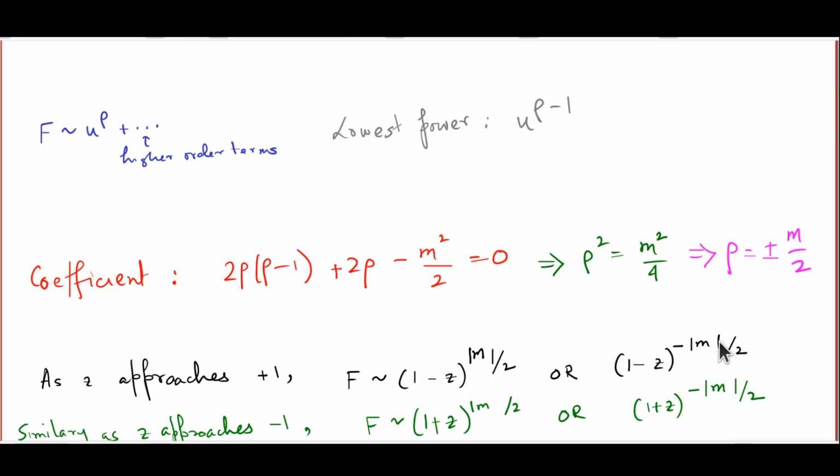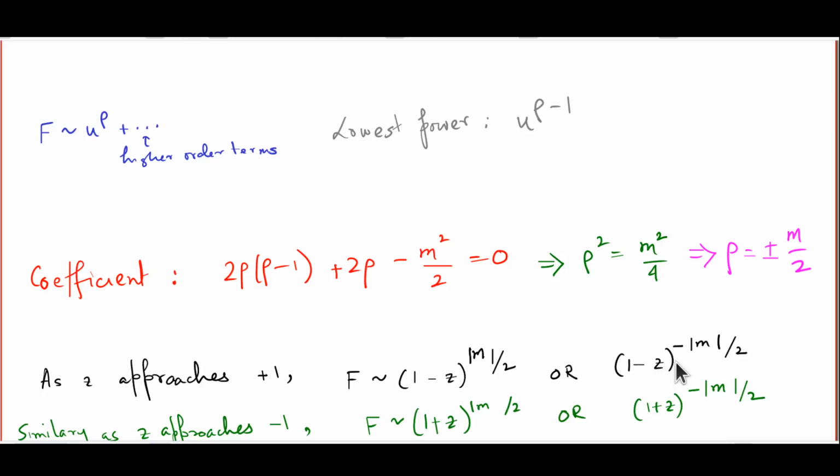I have deliberately written the square root of m square as mod m and not as m, just to emphasize that this solution is pretty nicely behaved as z tends to 1, because this power is a positive power, whereas this solution diverges when z tends to 1.